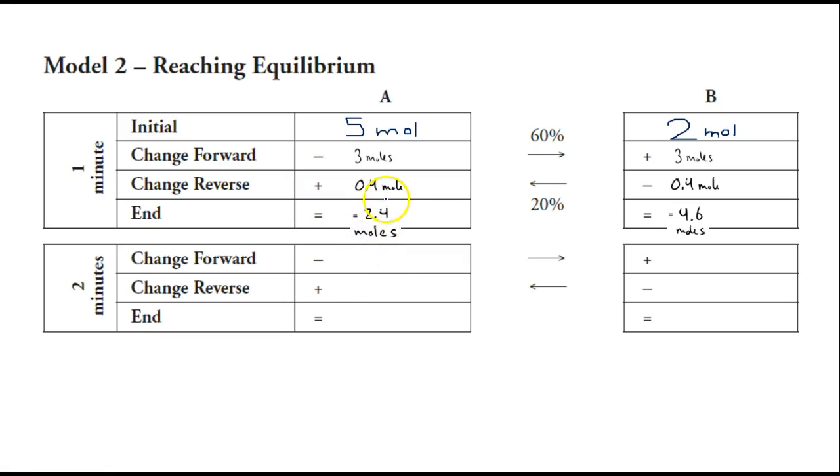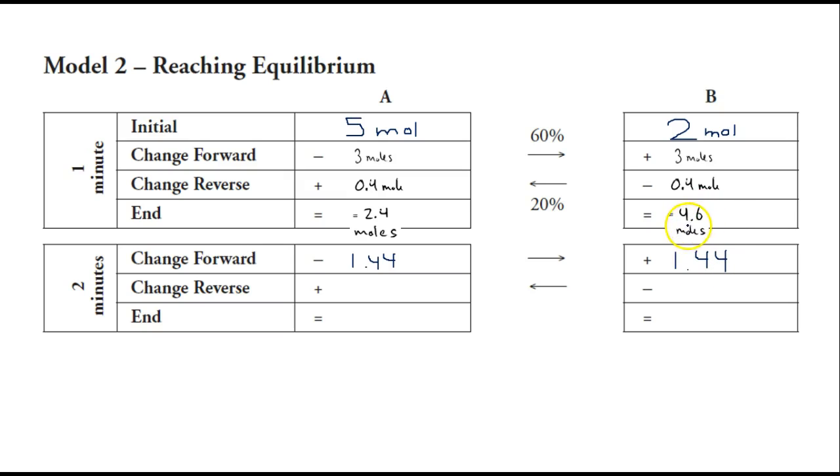So after the first minute, we have 2.4 moles of A. 60% of that is going to react. So find 60% of 2.4, that ends up being 1.44. So that's how much A we're going to lose, and because of the 1-to-1 ratio, that's also how much B we're going to gain. So it's the same amount for both.